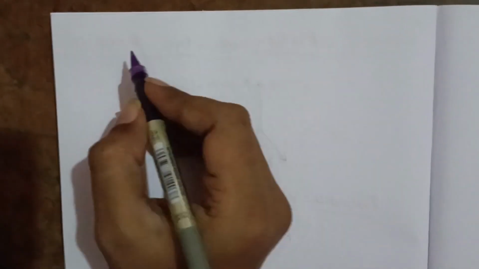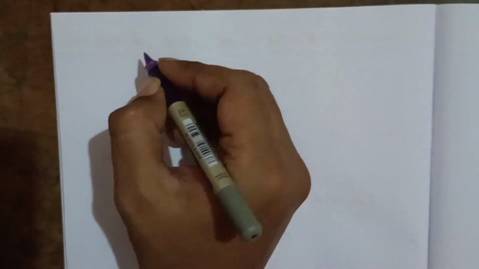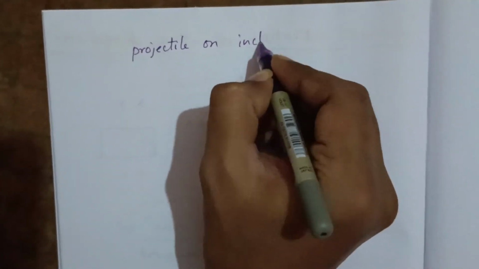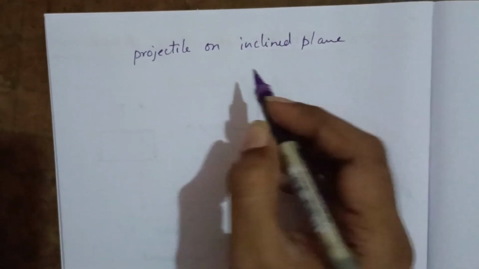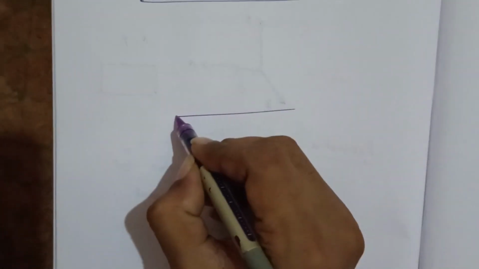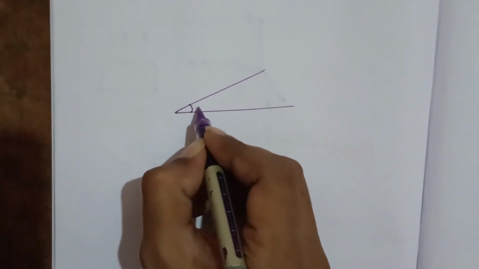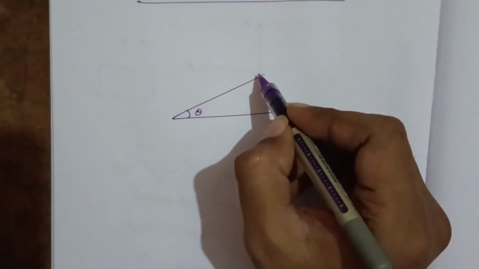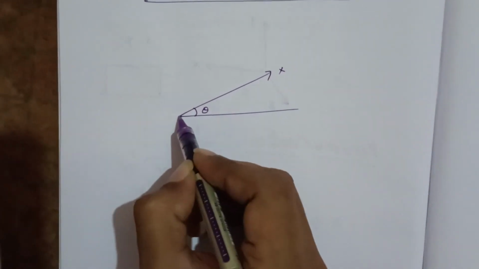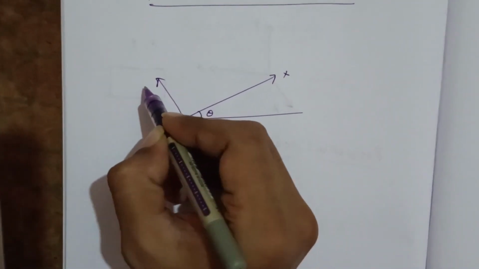Next one is projectile on inclined plane. Now this is the surface, making an angle theta with the horizontal; this can be taken as x-axis and this as y-axis.